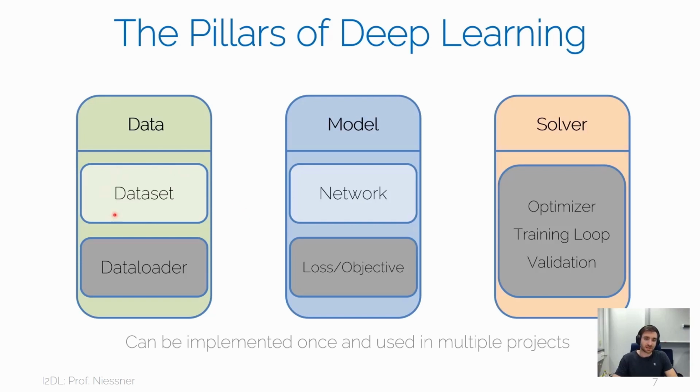Stuff like dataset or network are more specific to an individual project or task. Network structures usually can vary quite a lot, and you basically try to find a good one here. And your implementation of the data set heavily depends on the task and the data you're going to use.